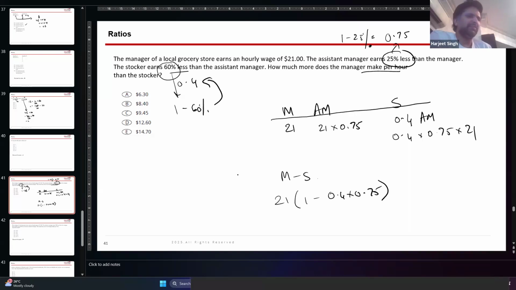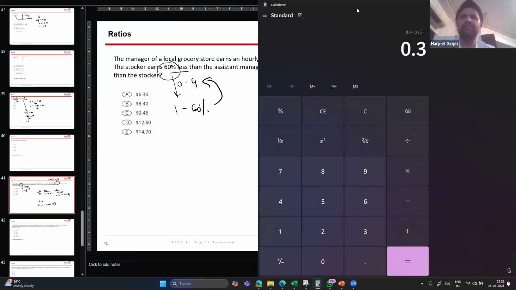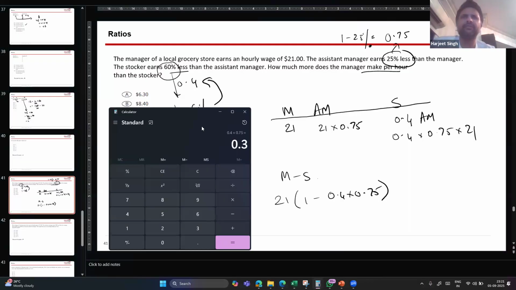Answer is 14.7. Just check once more. Yeah. So be careful in the calculator. Okay. No, I'm getting 14 point... Are you getting 14.7? Yes.